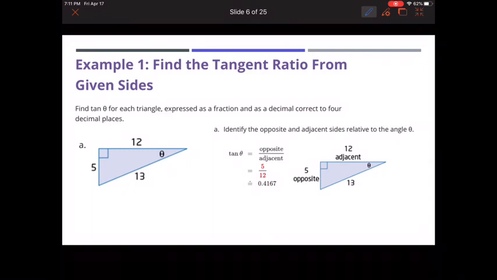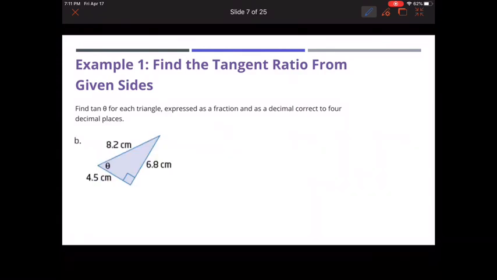So again, they just want the simple answer. We're not actually trying to find the angle for this one. They just want to know what tan theta is. So again, find tan theta for all of these.